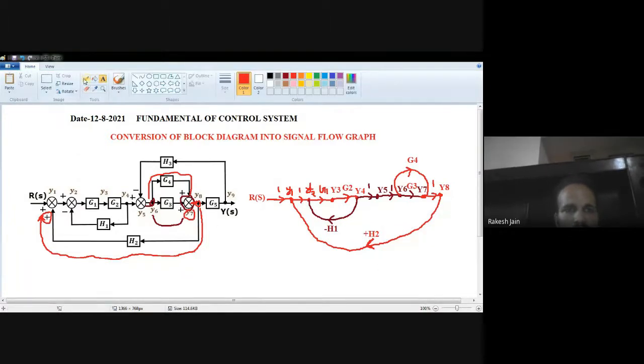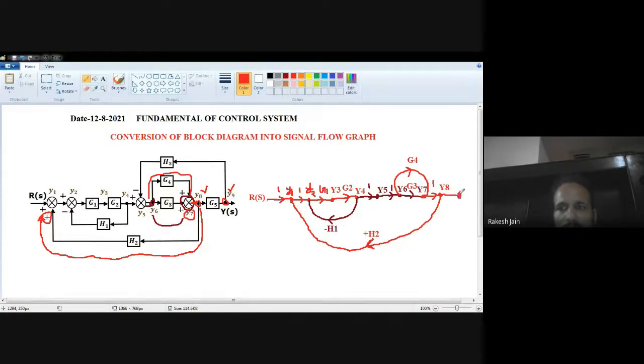Now the next one: in between the y8 and y9 node, there is a forward path gain g5. So again I draw a line.